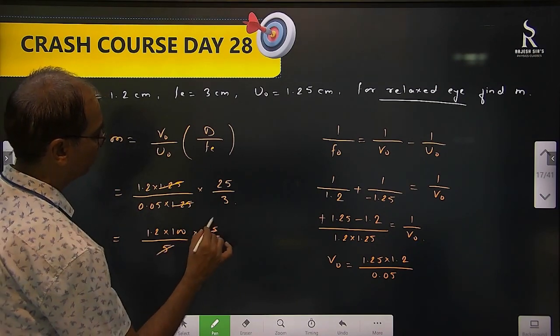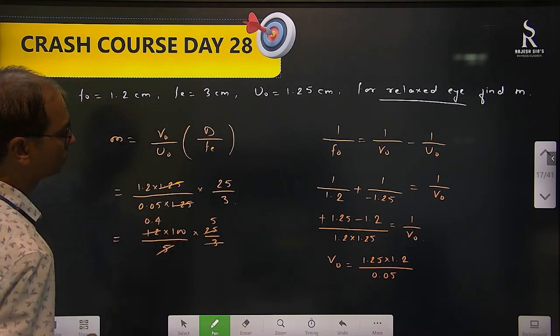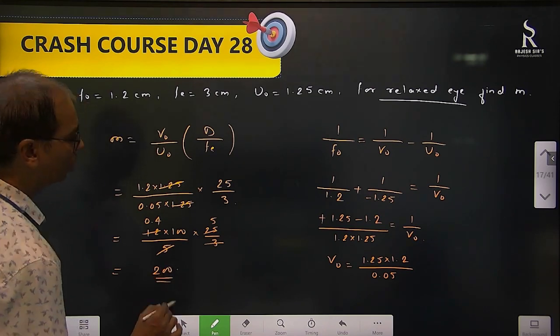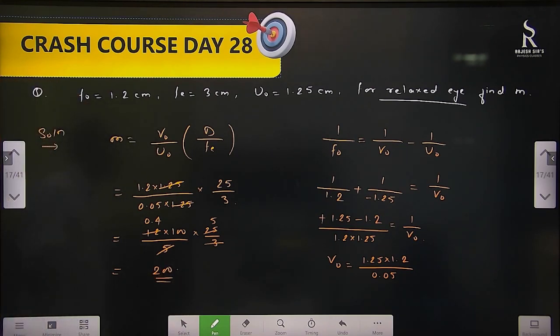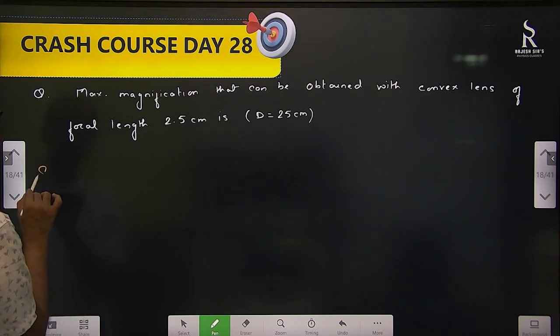So this is 5 and this is 0.4. So magnification is coming 200. So 200 times you are able to increase the size of object for viewing. Okay, 200 times magnification. Next question.